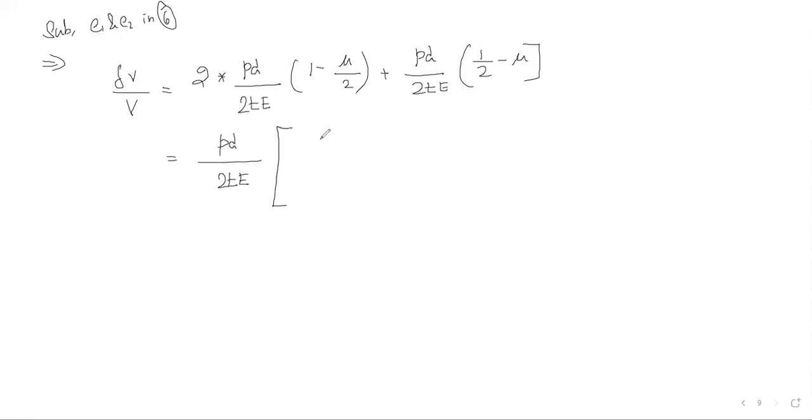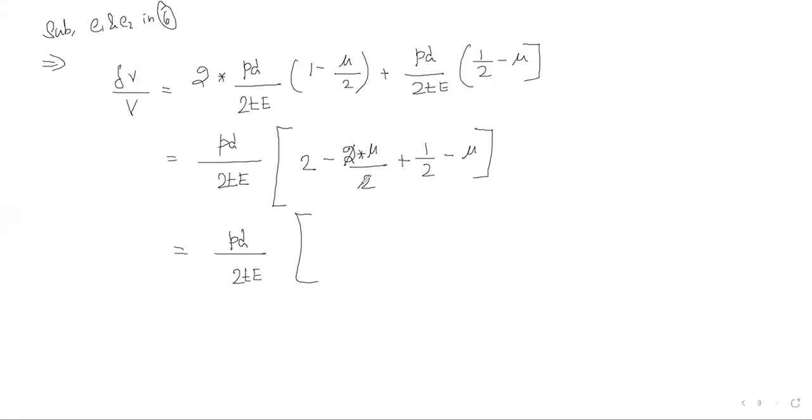If I multiply this, 2 minus 2 into mu divided by 2, and here this thing comes outside, so it becomes plus half minus mu. Then it becomes PD divided by 2 times E into, minus mu becomes 2 mu.